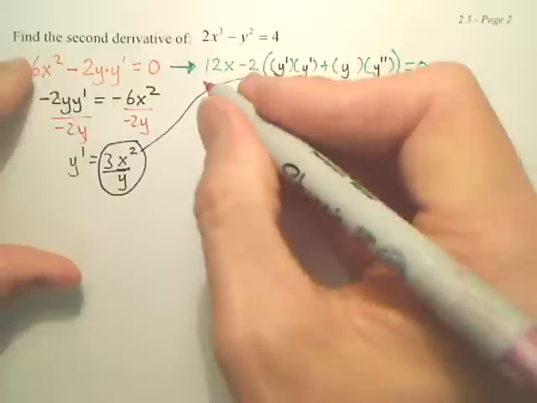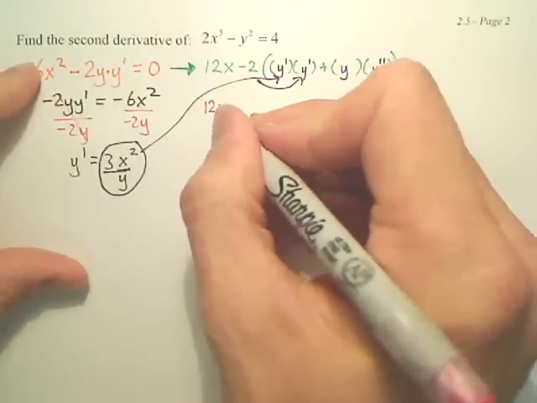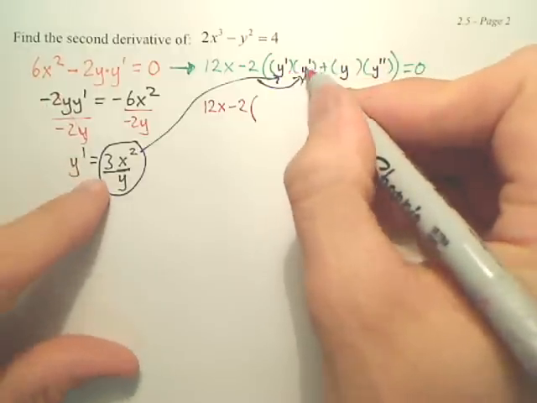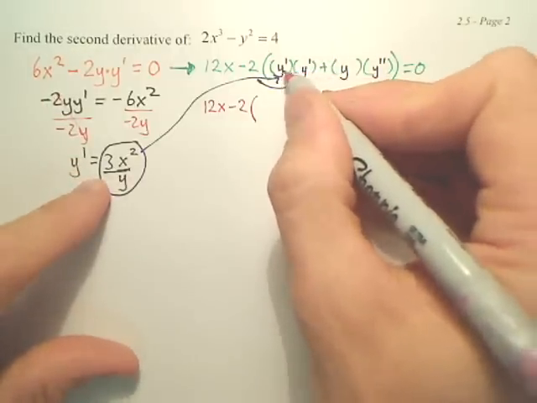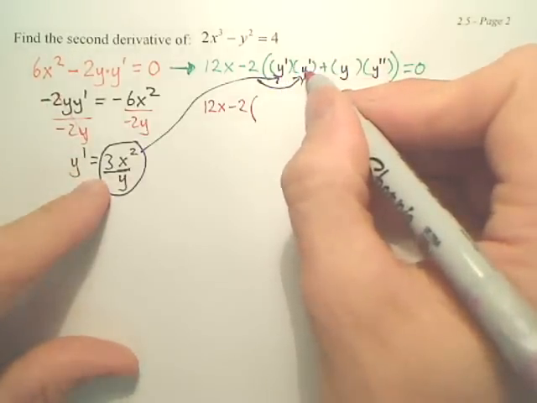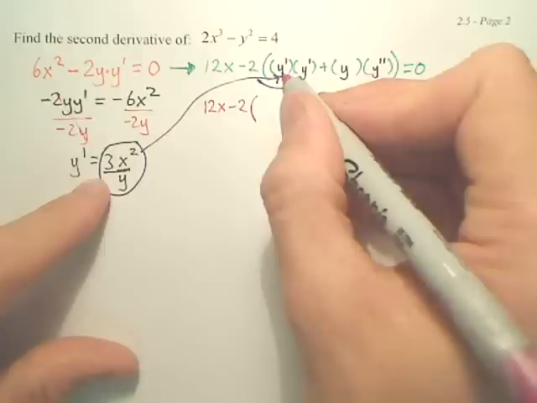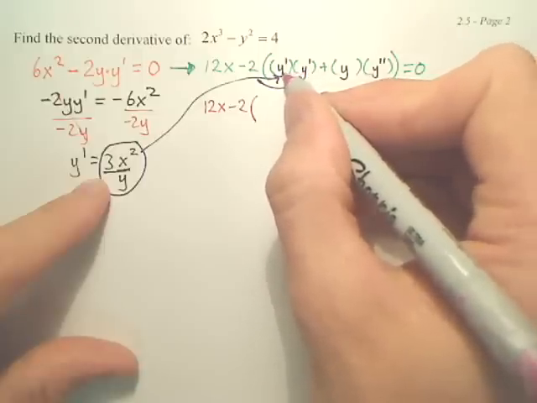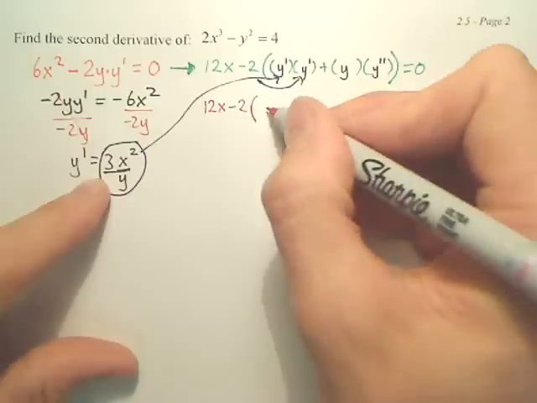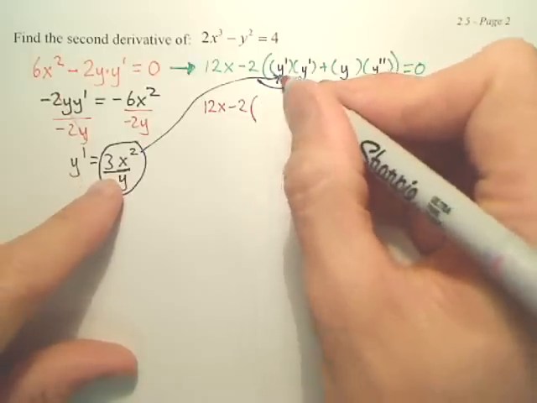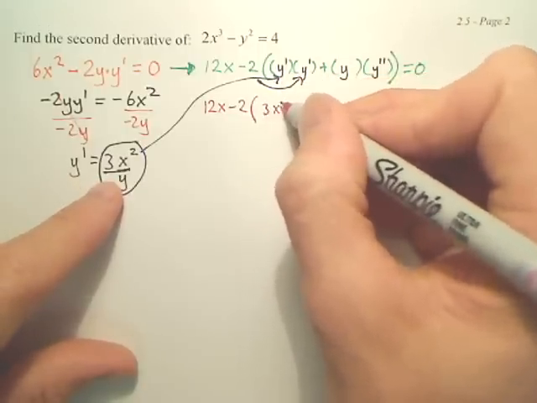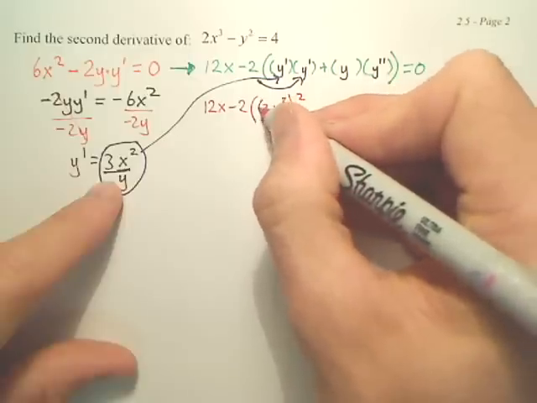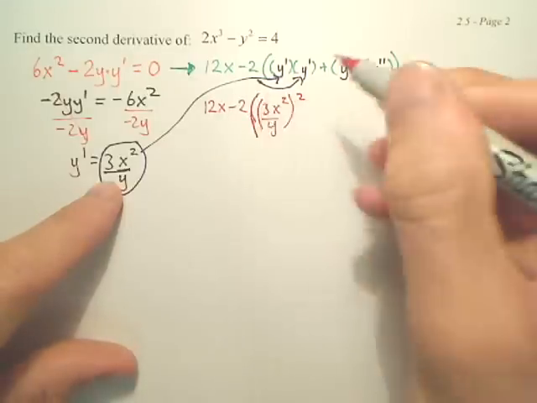So, we have 12x minus 2, and could I simply make that 2y prime? Oh, or is it y prime squared? Which one is it? Isn't it squared? Yeah. So y prime squared would be 3x squared over y, squared. Correct?